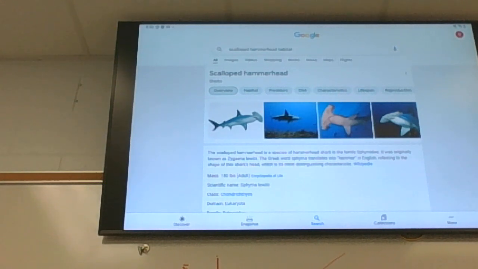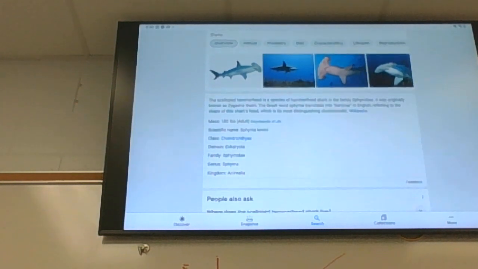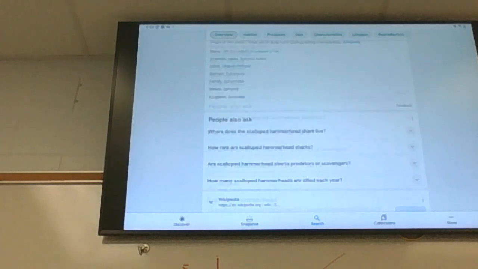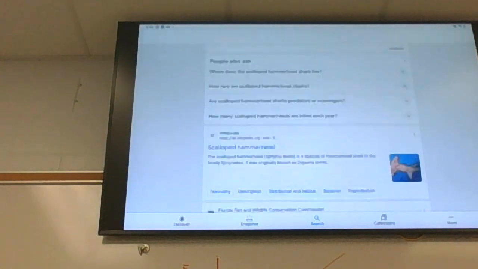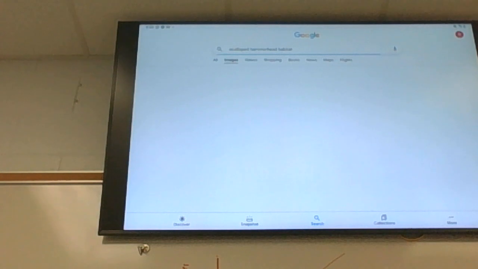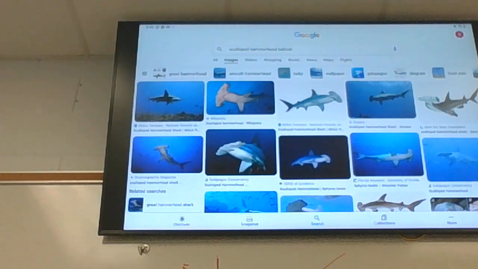There's a good chance it was a scalloped hammerhead shark. Are those more common? I don't know if they're common, but if there is a hammerhead in Florida, it's probably one of those.